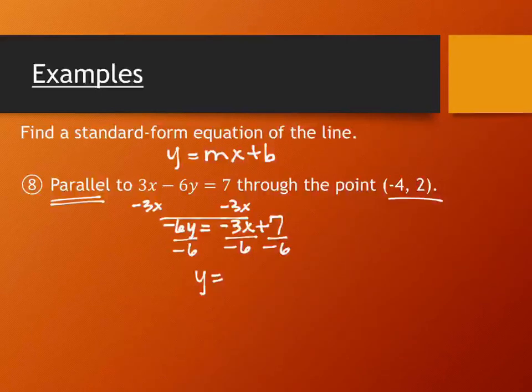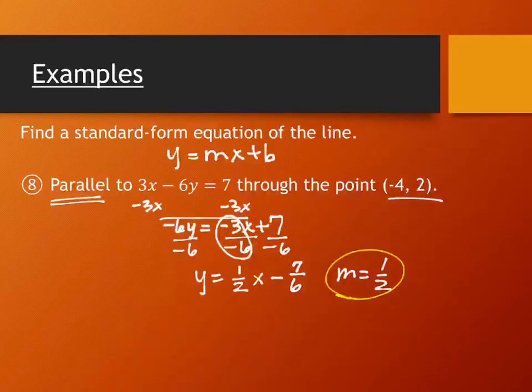So if we take a look at this slope, what happens to negative 3 divided by negative 6? Simplified version. Yeah, it's 1/2. So it's 1/2 x, and at the end, negative 7 over 6, but the m here is what I care about. It's 1/2. So now I have a slope of 1/2, and I have a point, negative 4, 2.